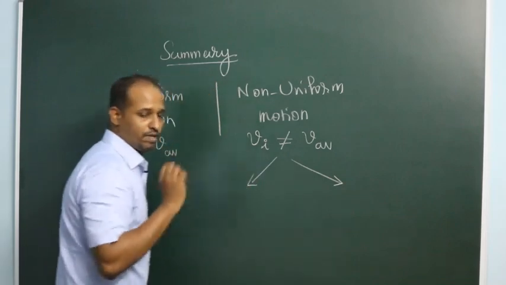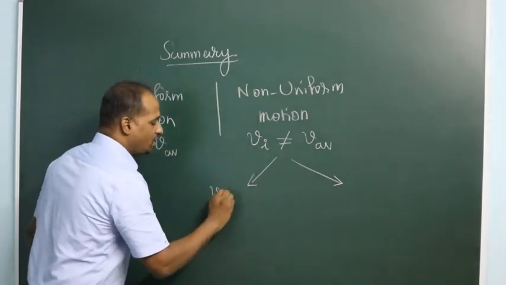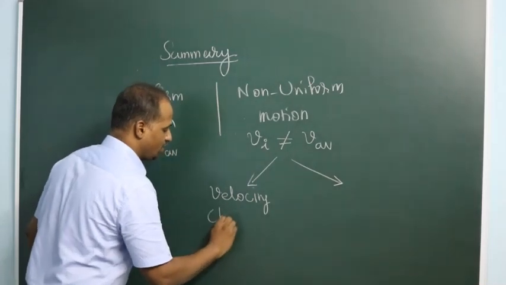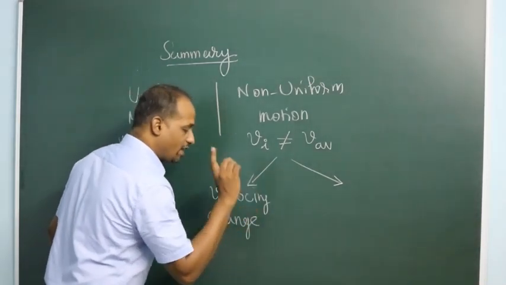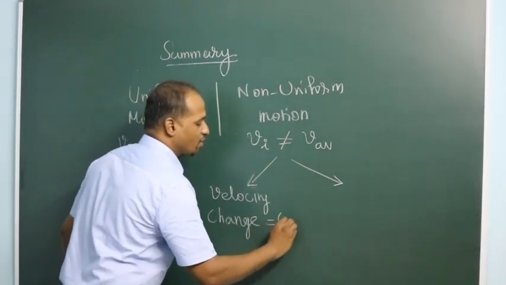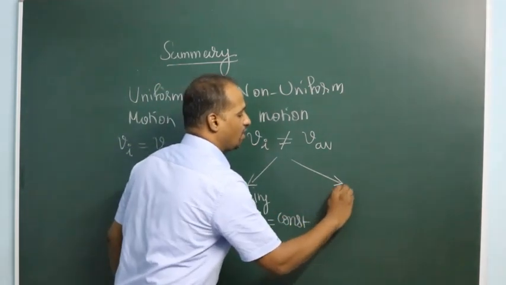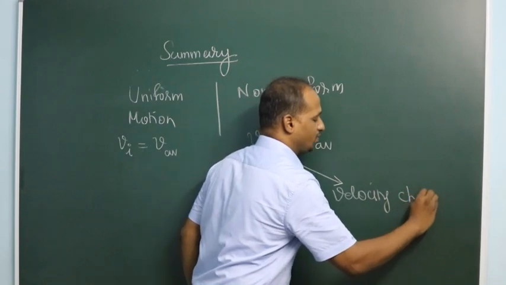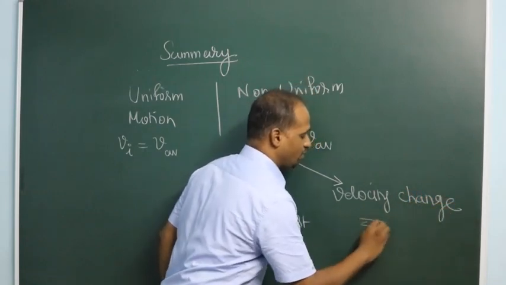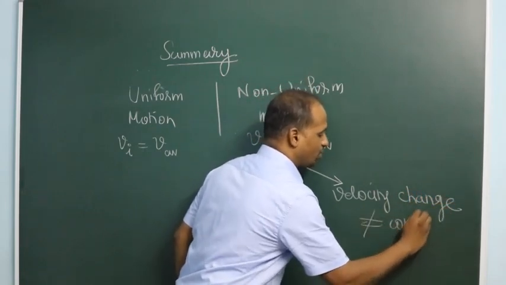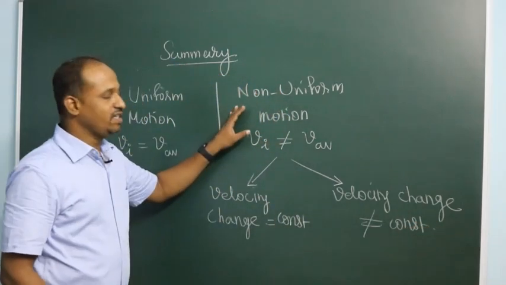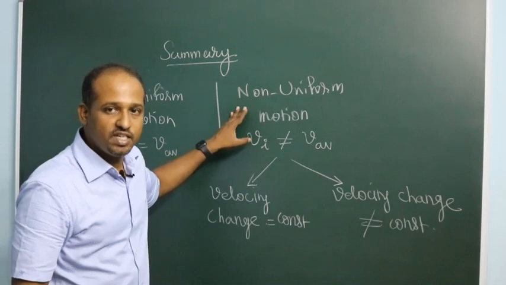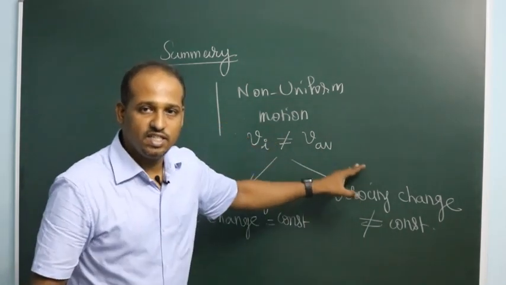There are two cases. Velocity change for every second is constant, or velocity change is not constant, because non-uniform motion means covering unequal displacements in equal intervals of time. That means the velocity keeps on changing.